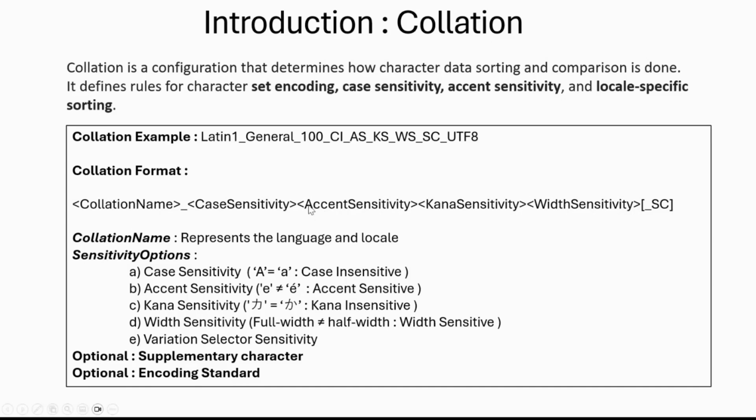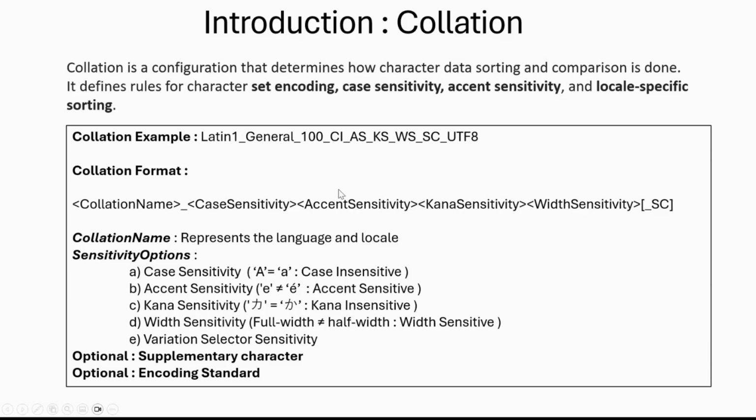Then there is accent sensitivity, kana sensitivity, width sensitivity, and supplementary characters. So let's take a look at this format here. Latin1 is basically the language and locale name, what we call the collation name.